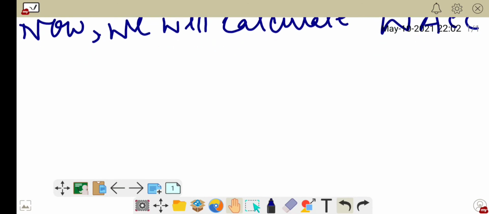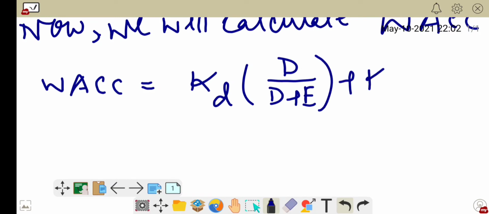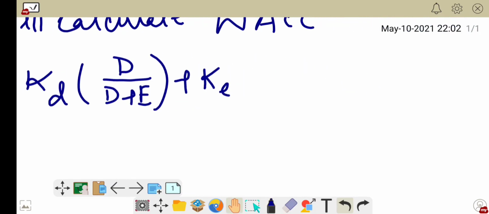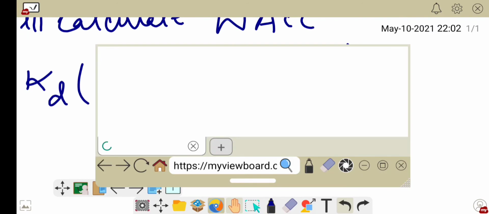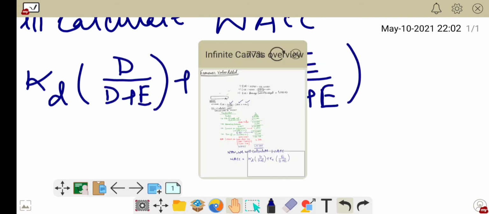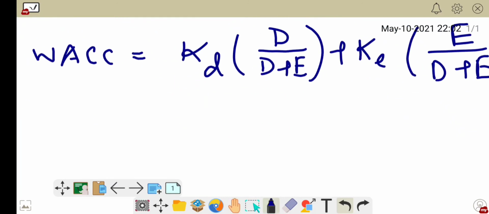WACC equals cost of debt into D divided by D plus E, plus cost of equity into E divided by D plus E. At first we have to clear all the elements. Is cost of debt given in our question?